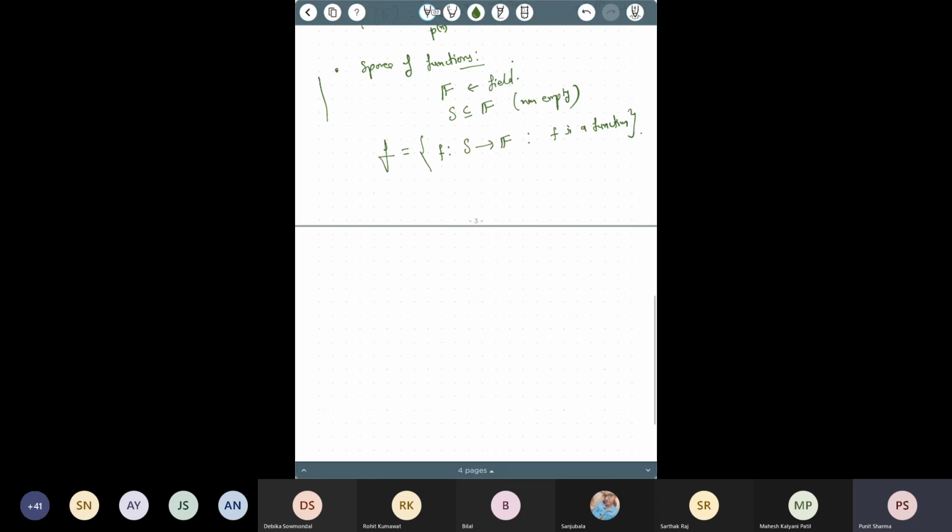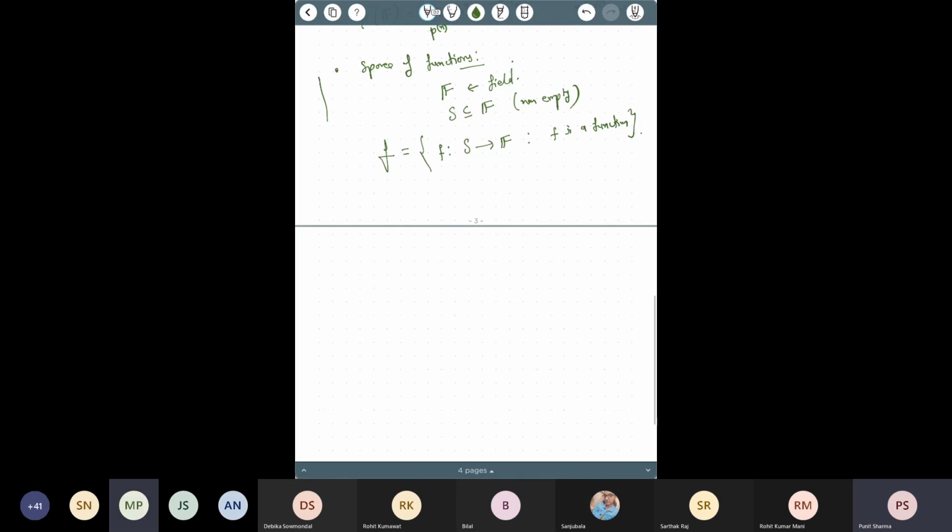Do you guys agree whether this would be a vector space over these two operations? Sir, scalar multiplication might not be. No, he is saying two operations: one is the composition, and the other one is scalar multiplication. Sir, it will be addition, not composition. Usual addition and scalar multiplication.